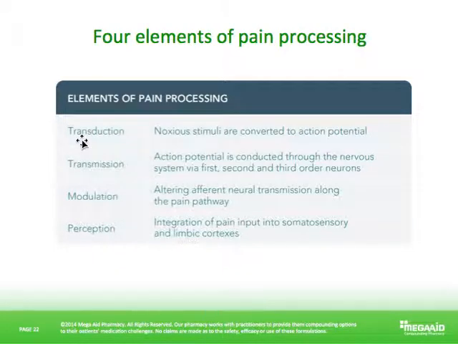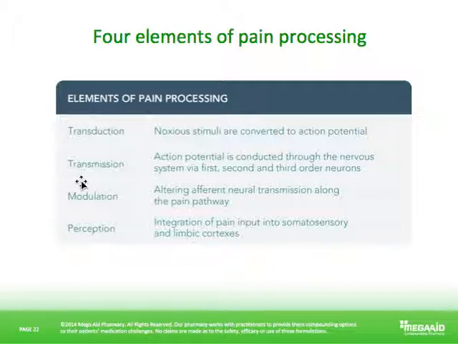During transmission, you transmit the signal from the peripheral nervous system to the central nervous system via different nerve cells, and these are called first, second, and third order neurons. Modulation basically speaks for itself. This is when you alter the signal that's been transmitted in some way.